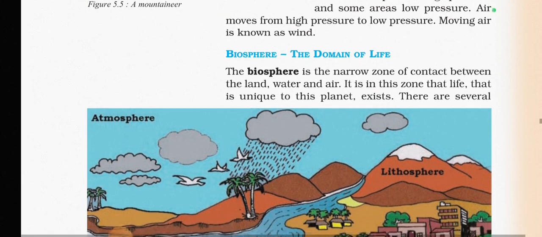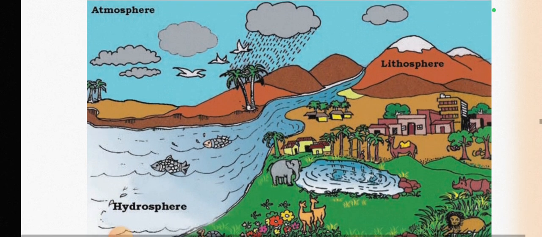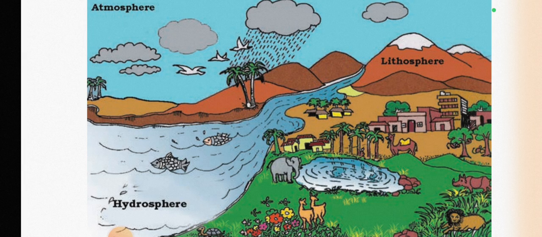Now moving ahead to the last one, that is the biosphere, the domain of life. The biosphere is a narrow zone of contact between land, water, and air. In other words, it is a combined zone, an intermingling zone between the atmosphere, lithosphere, and hydrosphere, and thereby we have life.